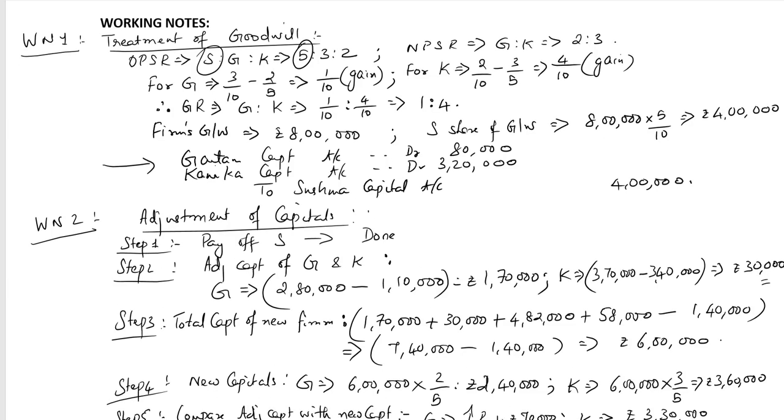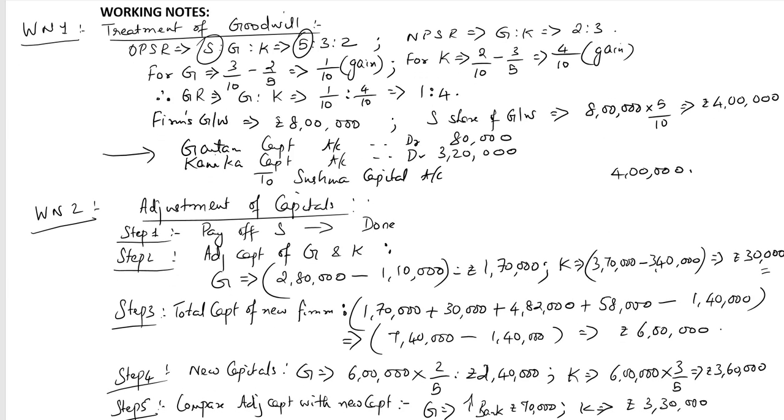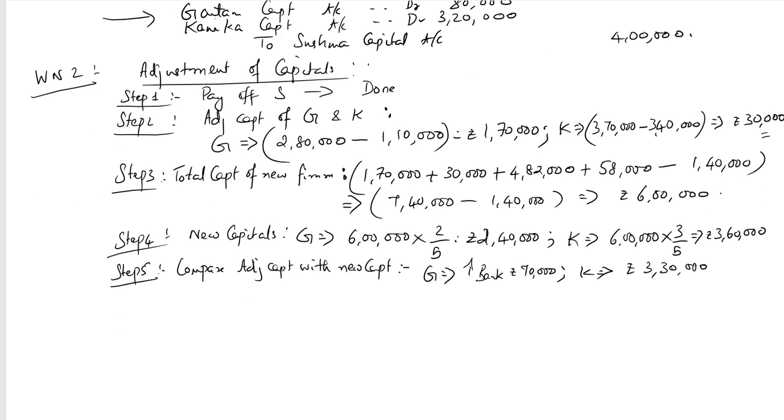The first working note was for the treatment of goodwill. The second working note was for the adjustment of capitals.